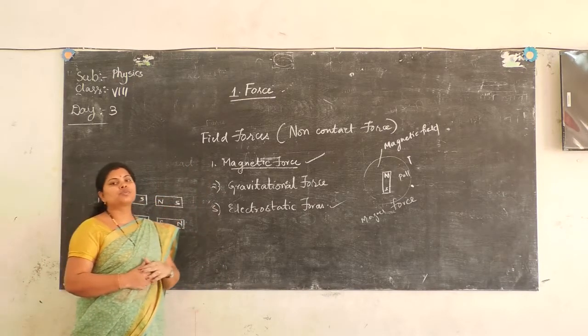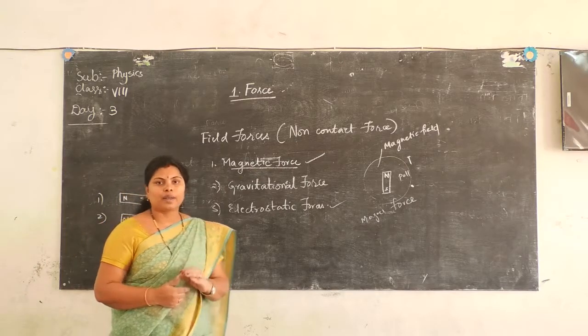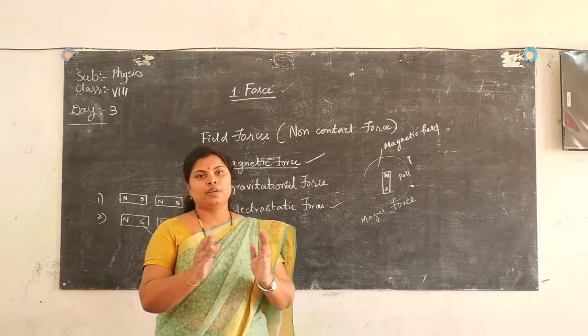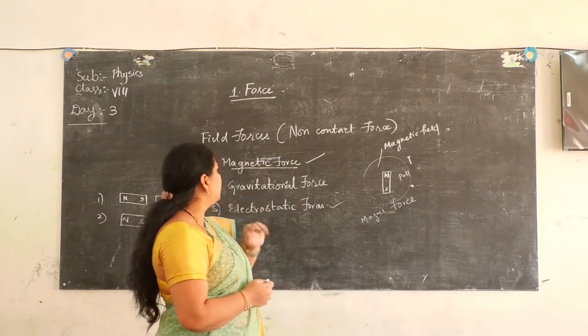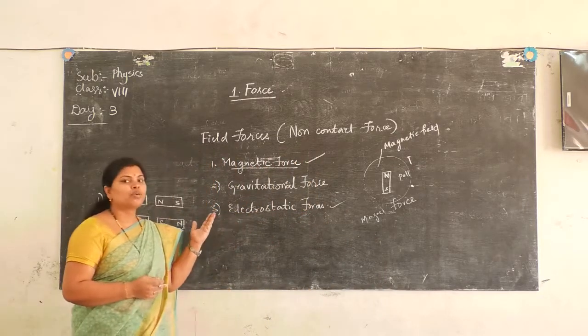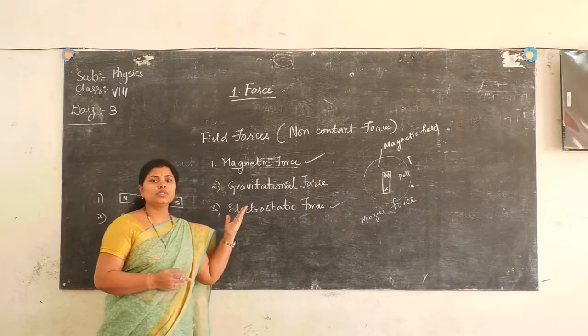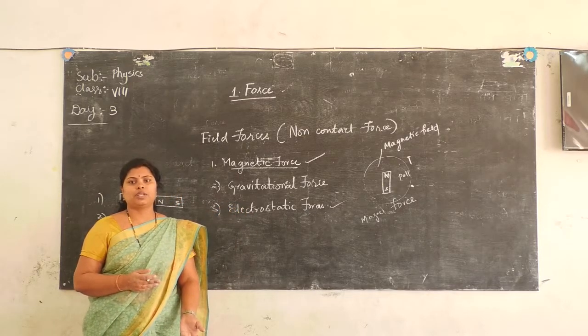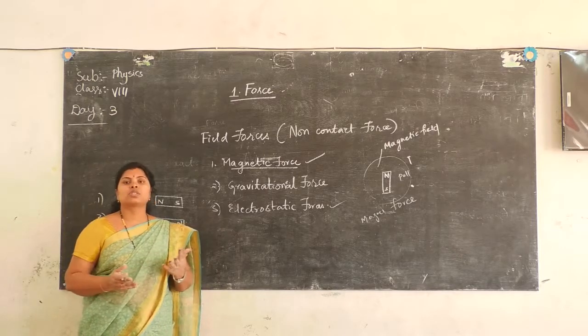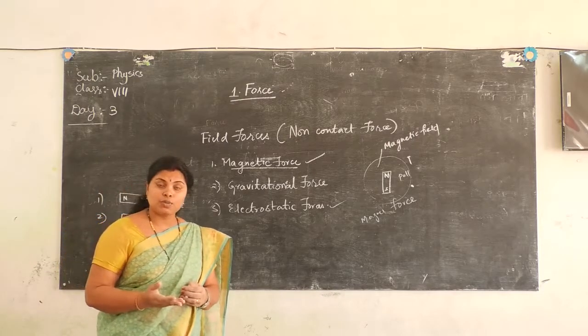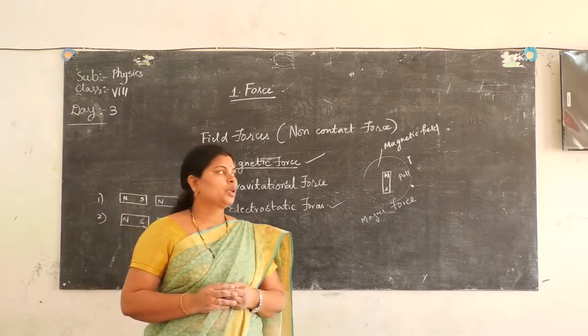Magnetic force is a force exerted by a magnet by the influence of the magnetic field. Gravitational force is a force exerted by the Earth's gravitational pull. And coming to the electrostatic force, this force is exerted by a charged body on an uncharged body.